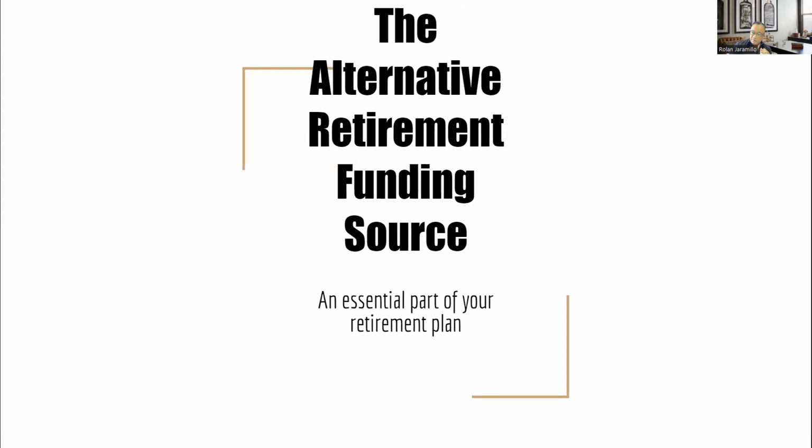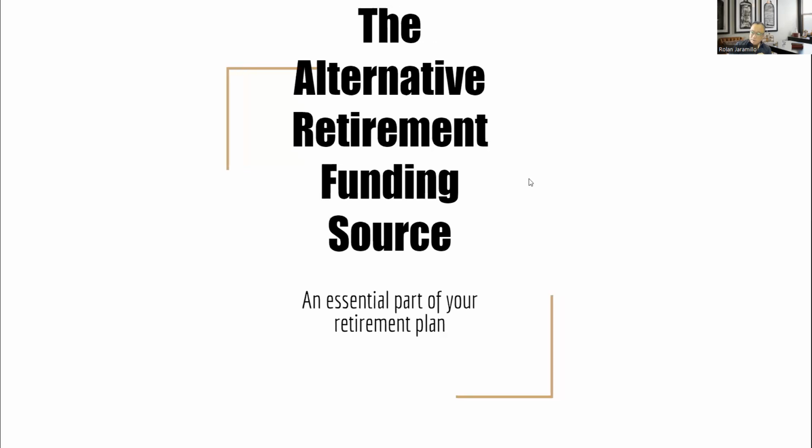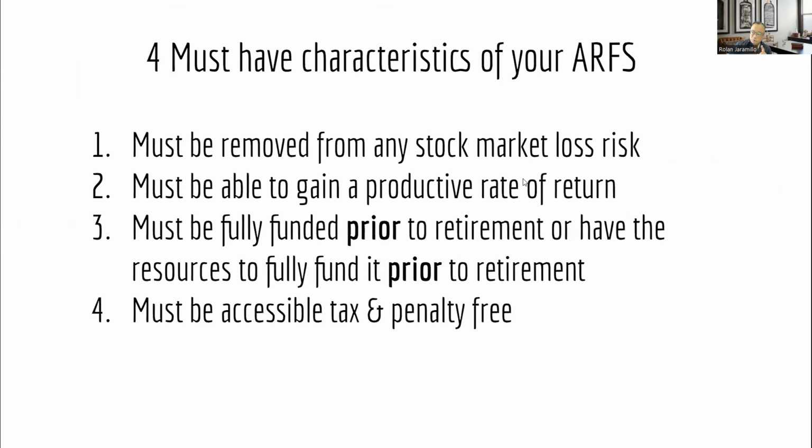Again, the alternative retirement funding source, something outside of your market product that's not exposed to the market. Rule number one, or characteristic number one of your ARFS, it must be removed from any stock market loss risk. In other words, it can't be somewhere where you could lose money, okay?